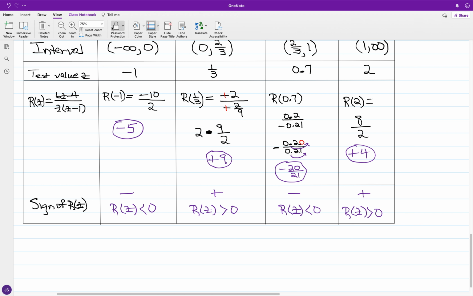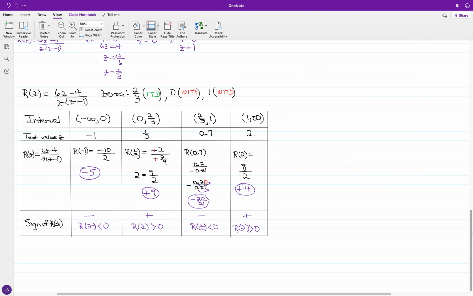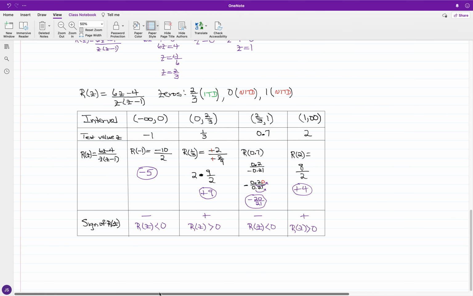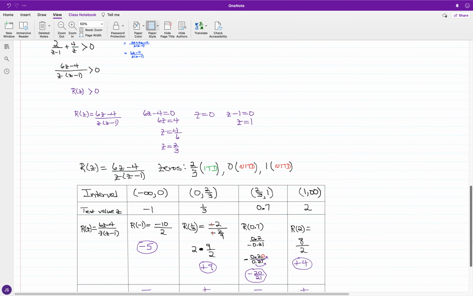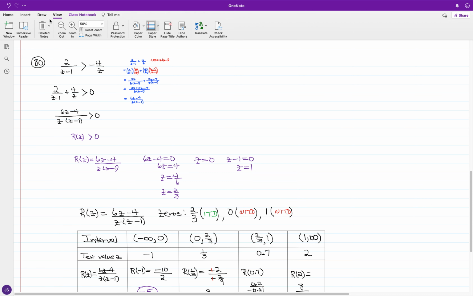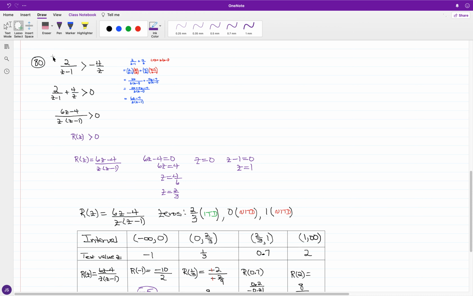And so for what we have originally, this is the inequality we started out with.